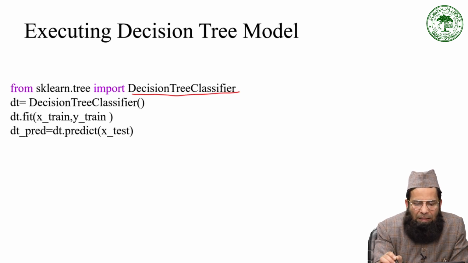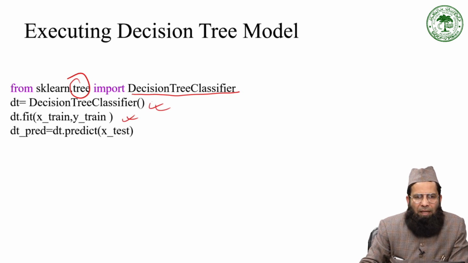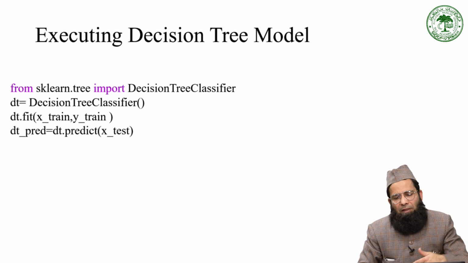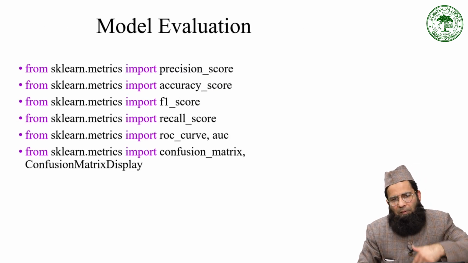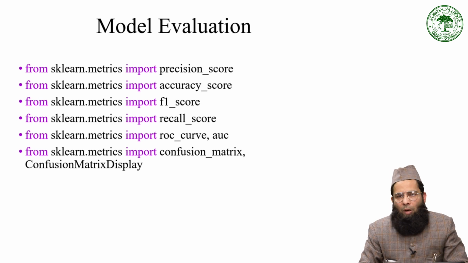This decision tree is inside sklearn.tree. Inside this package you will find DecisionTreeClassifier. Then the rest of the approaches are very similar to KNN that we had seen. Similarly, you can execute different types of models.